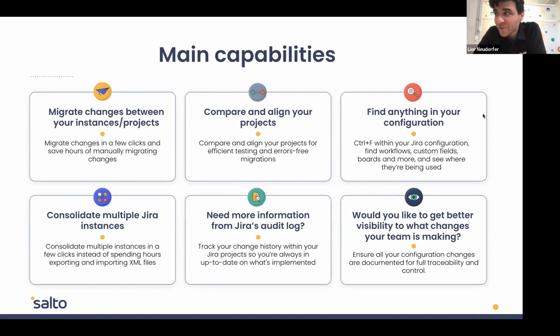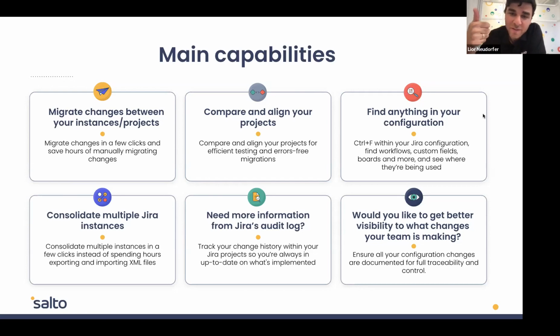The third thing, which I think is the most impressive thing when we demo this to new users, they like this the most, is this ability to find anything in your configuration. So think about it. We took everything in Jira, the metadata, the configuration, transformed it into files, and we give you the option to browse these files, to search in these files. So there's a custom field which we want to know exactly where it's used.